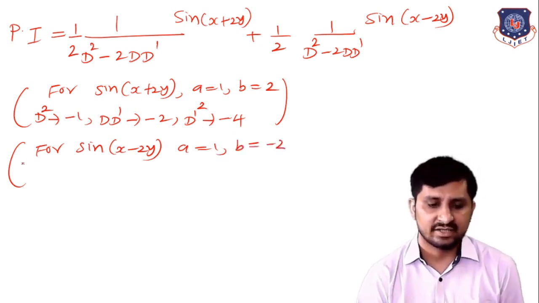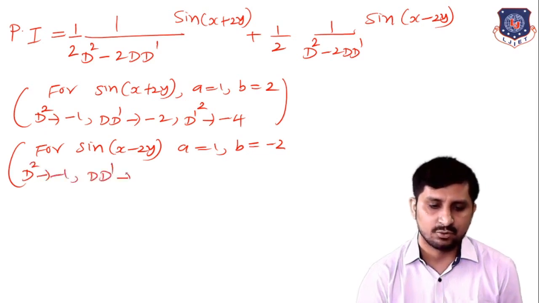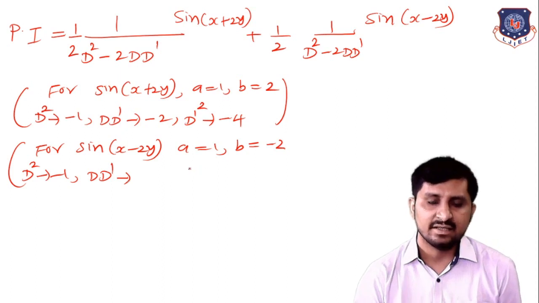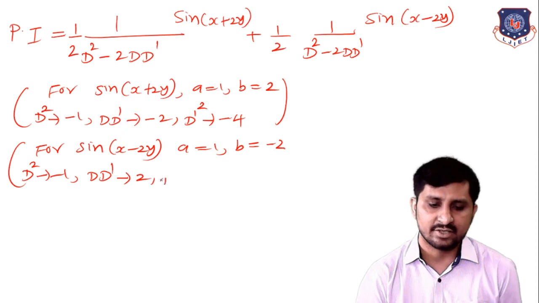So instead of D square you have to take minus 1, instead of D into D dash you have to take minus AB, so minus 1 into minus 2, that is 2, and instead of D dash square you have to take minus B square, so that is minus 4. So you have to apply this rule.